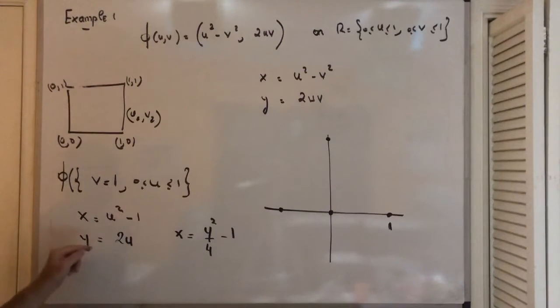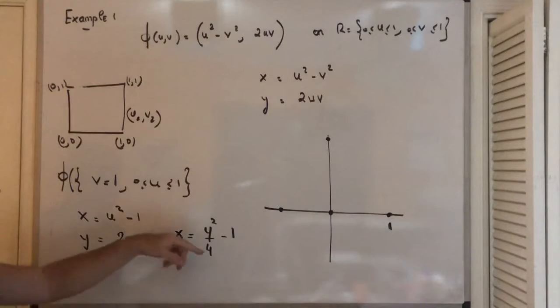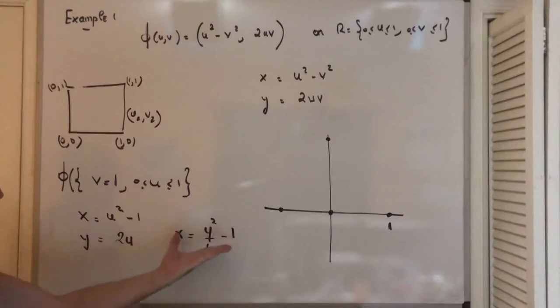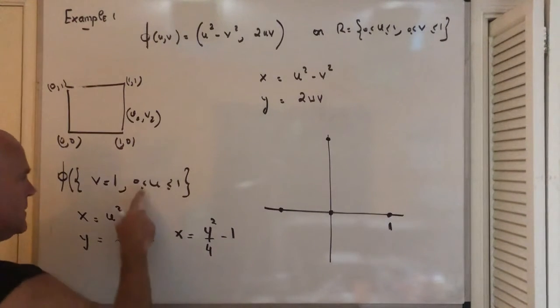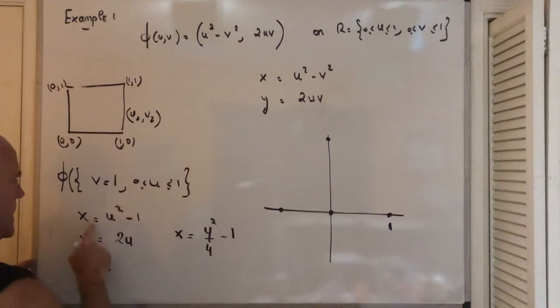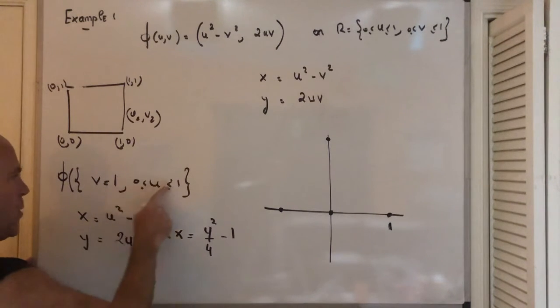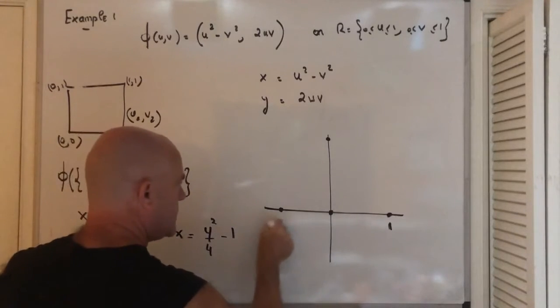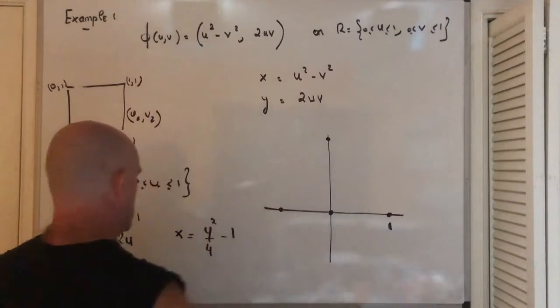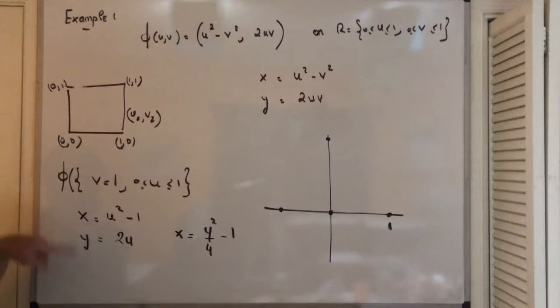And then we have to figure out what this part is. So u between 0 and 1, that means that x is negative. So x will vary between this interval, and y will vary accordingly.